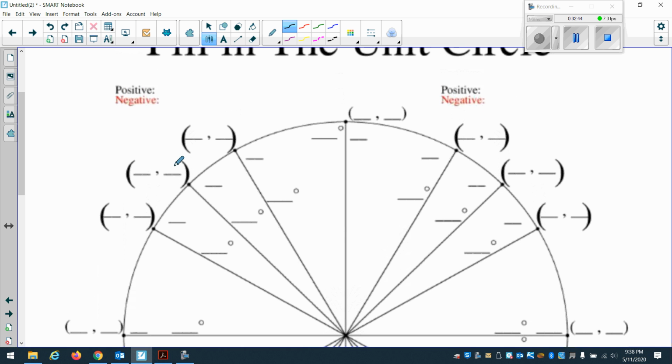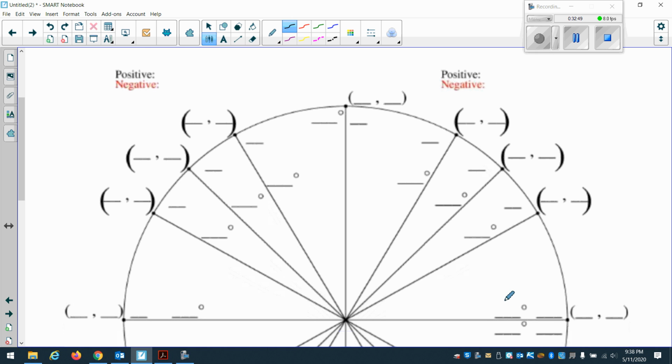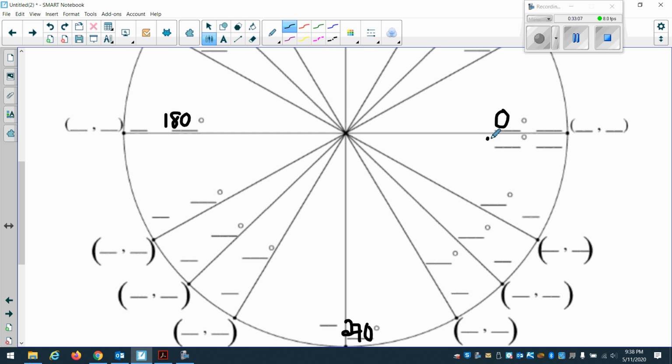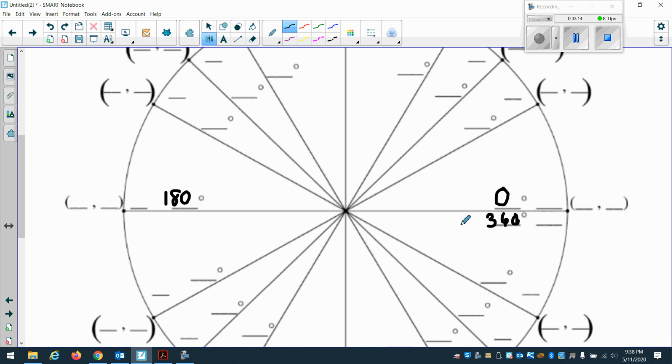Well, a few things I would do is fill out your quadrantal angles first, which is 0, 90, 180, 270, and 360. Okay, and fill out those coordinate points. Remember, you have a radius of 1 all the way around because it's a unit circle.